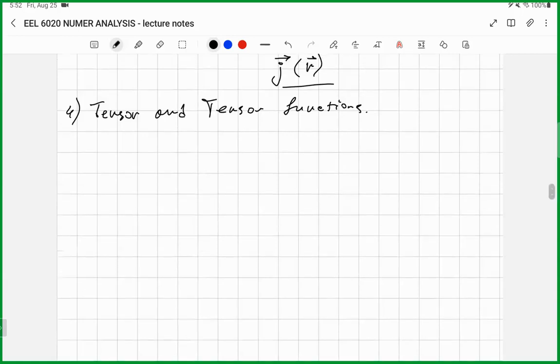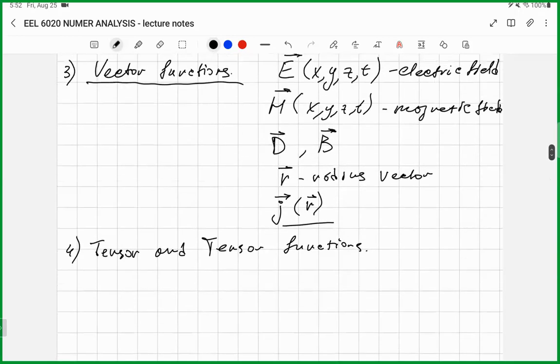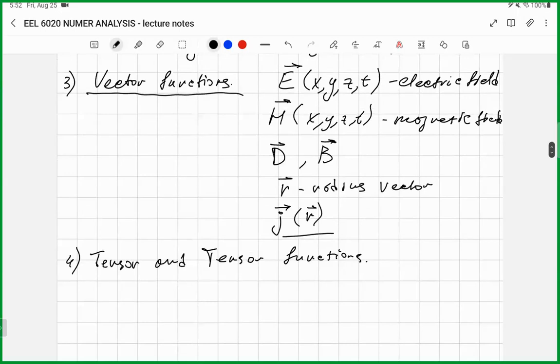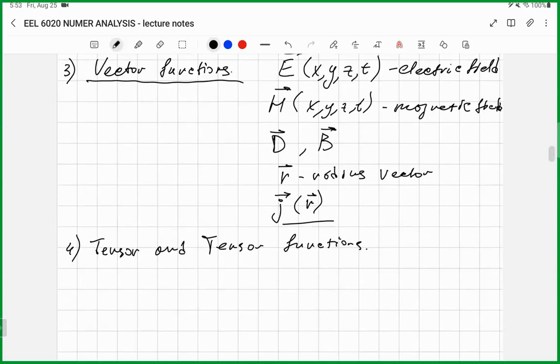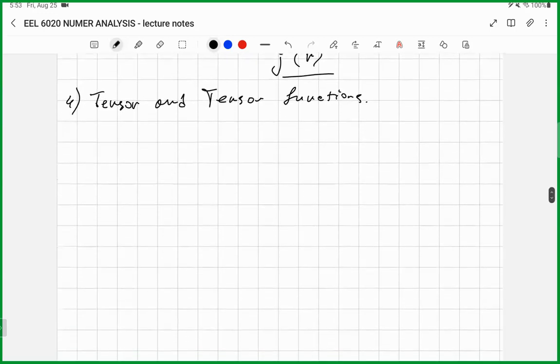So if you never heard about tensors, you actually heard, because any vector is already a tensor. So a vector is a tensor of first rank, but usually when we say a tensor, we mean the object of rank more than 2, and I mean including 2.